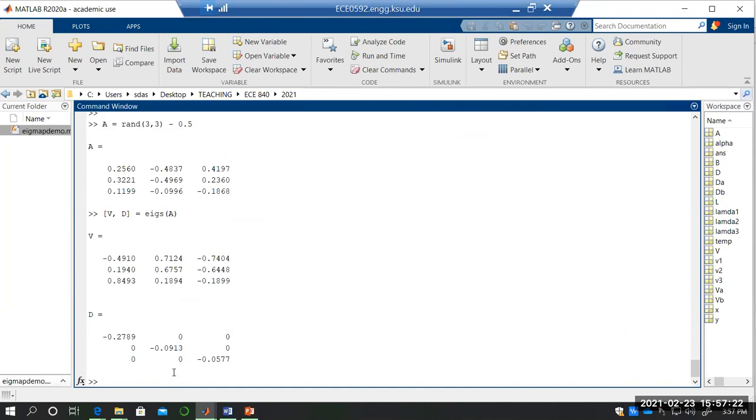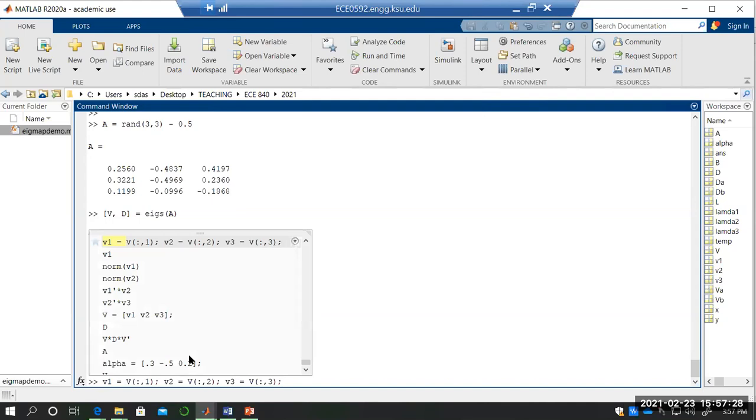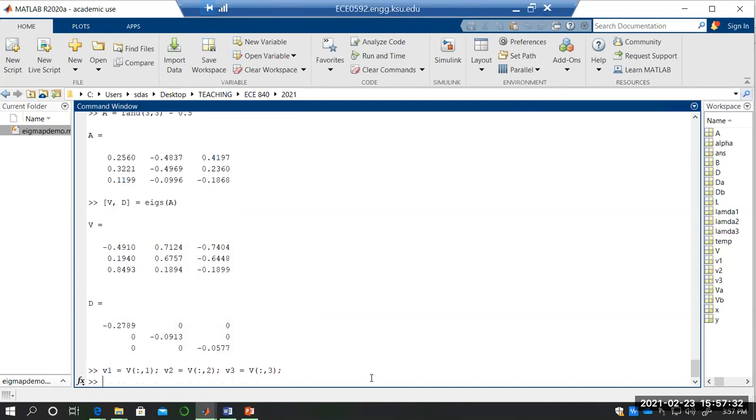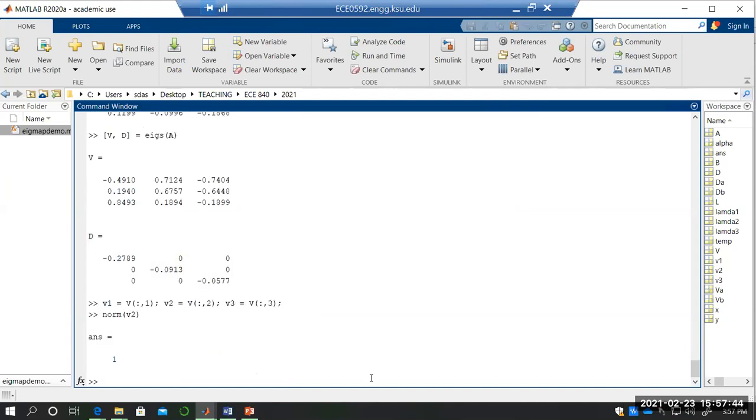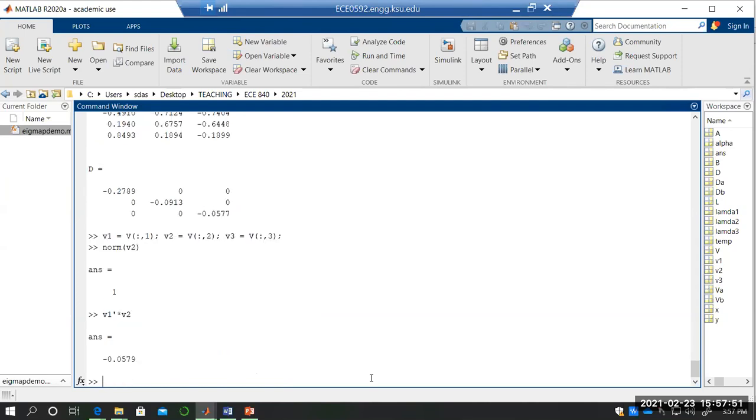But now the eigenvectors, V1 equals V all comma 1. So I take the 3 eigenvectors. Okay, the 3 eigenvectors are not mutually orthogonal to one another. They are still unit vectors. Norm of, let's take V2, the middle one, it's equal to 1. But V1 transpose star V2 would not be equal to 0.